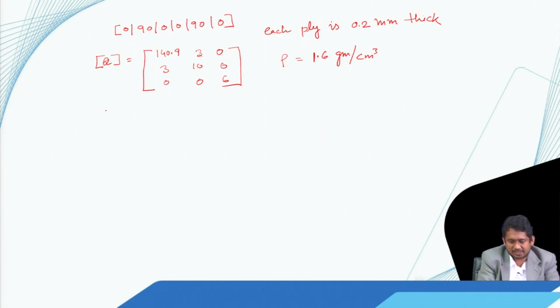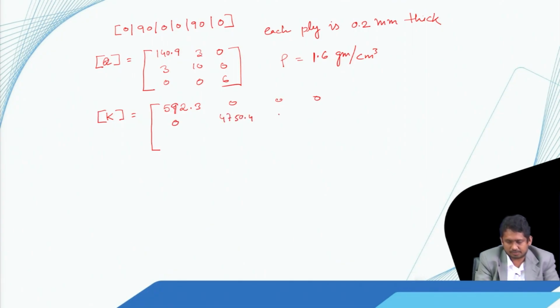Then with that we get the K matrix as a diagonal matrix. It is uncoupled because our approximations are sine approximations which satisfy the orthogonality condition. 0, 4, 7, 5, 0.4, 0, 0, 0, 0, 4, 7, 5, 0.40, and we have 0, 0, 0, 9, 4, 7, 6, 6.